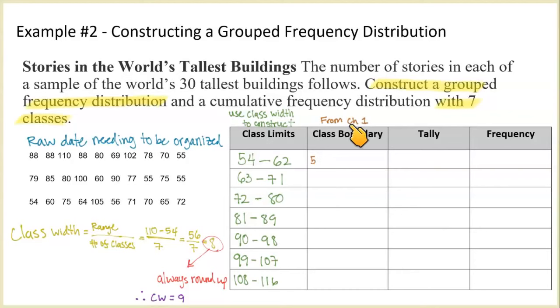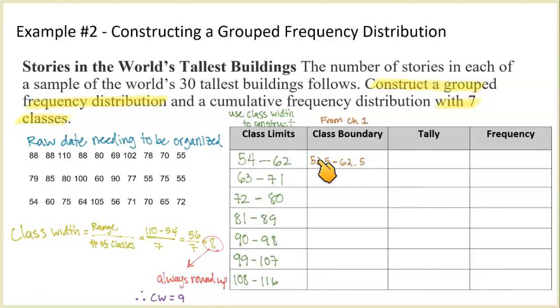For any whole number, we want to add or subtract 0.5 to that value to construct our boundary. So for the first one here, my class boundary would be 53.5 to 62.5, because I'm subtracting 0.5 from 54 and I'm adding 0.5 to 62, and that's just extending out my class limit to construct this class boundary.